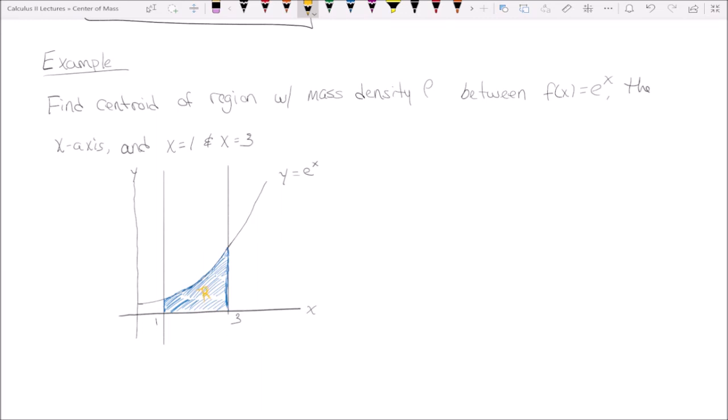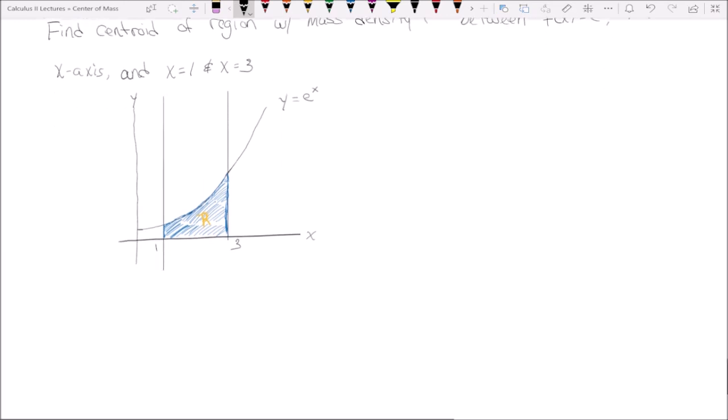And so that's our lamina. So the first thing we need to do is find mass.